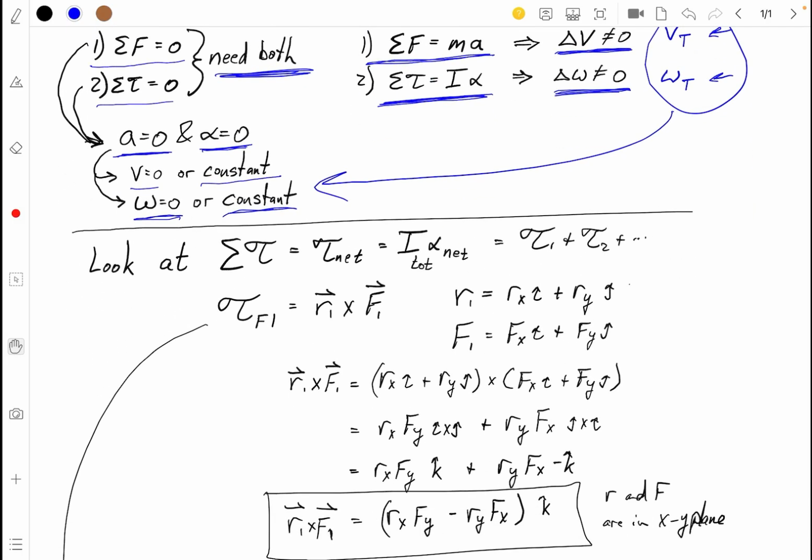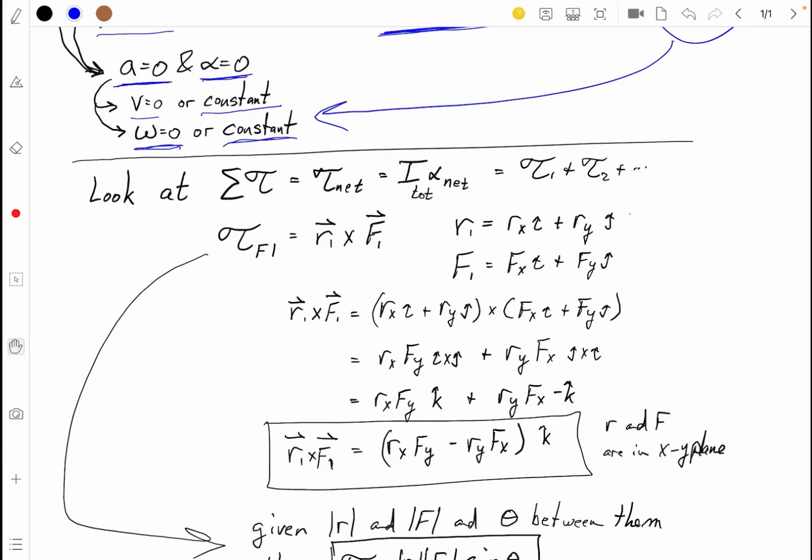All right, so let's look at torque. We've got our sums of the torques. That's going to give you your total net torque. So your total moment of inertia times your angular acceleration. Now what if we just look at one of them?